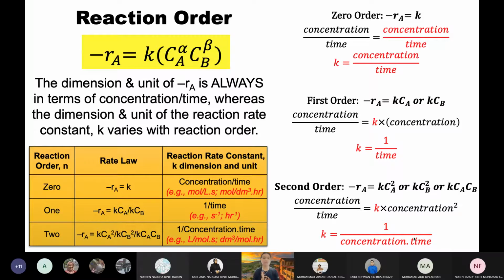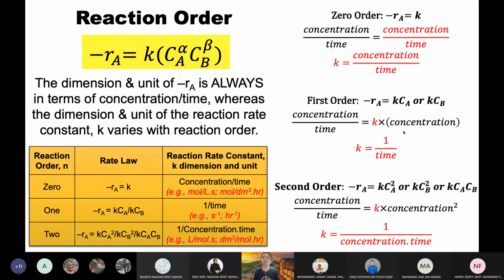So from the unit of K, you know that per second has the dimension per time. From what we just learned, that means most likely the rate law is first order. And since we have only one reactant, definitely it is first order with respect to A. Same case, say you have only reactant A in the reaction, and the unit of K is liter per mole hour.